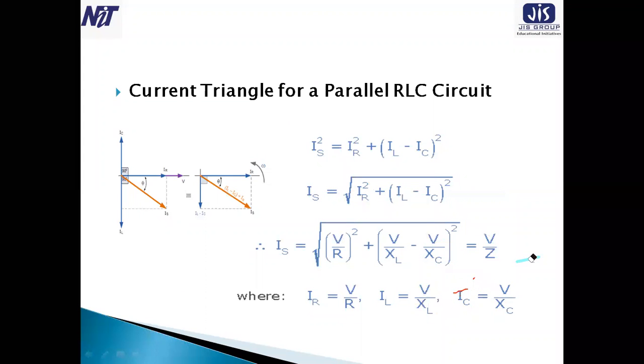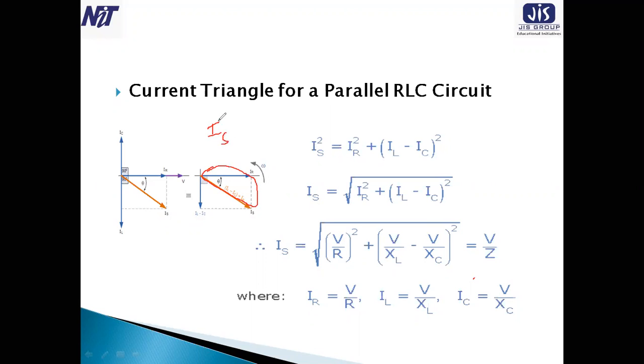So using the formula of Pythagoras, we can say that IS square equals to, from this part of the circuit, if we apply Pythagoras, then what will happen?